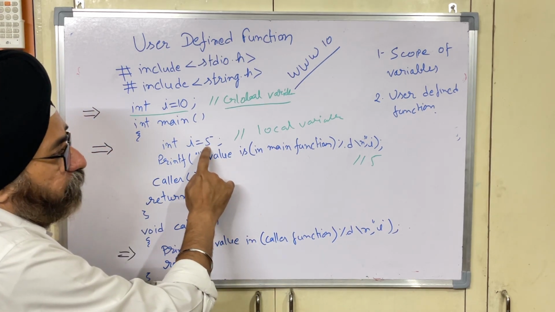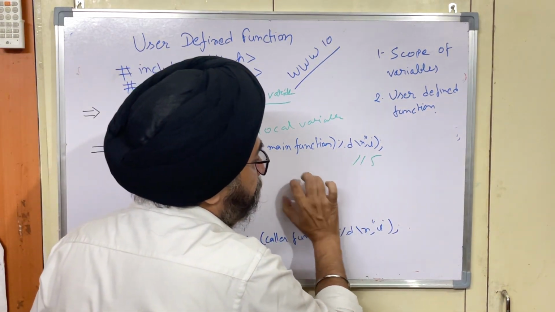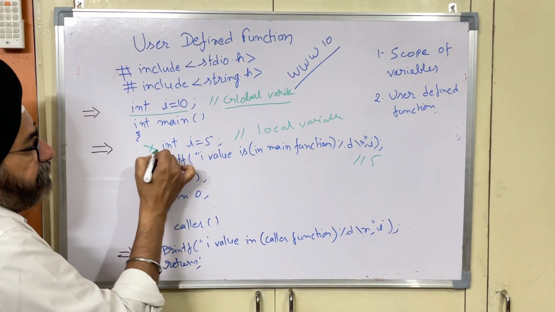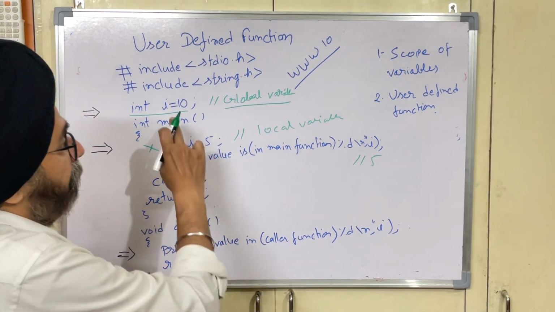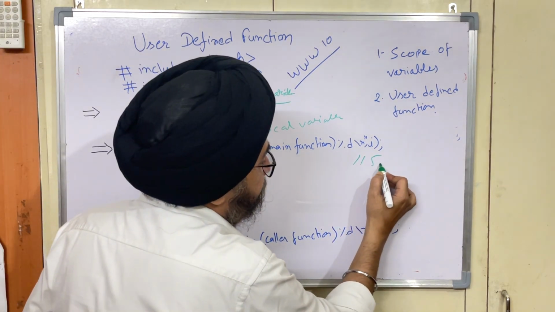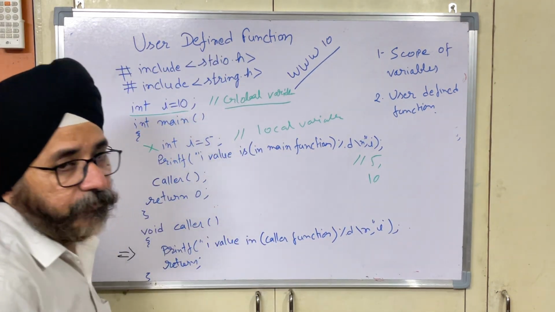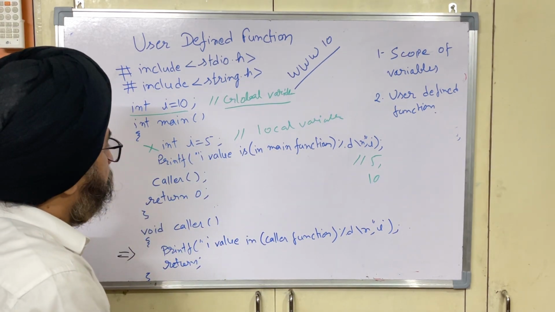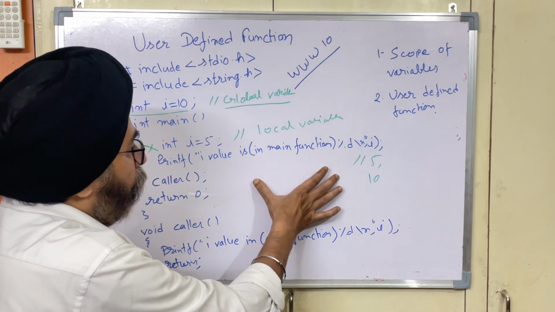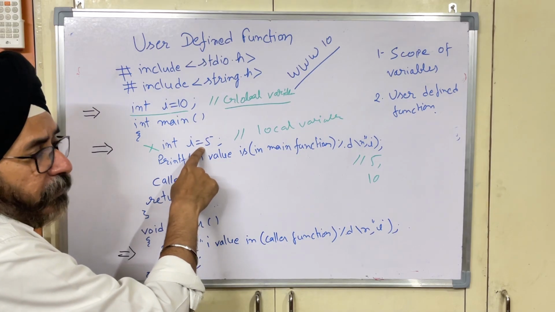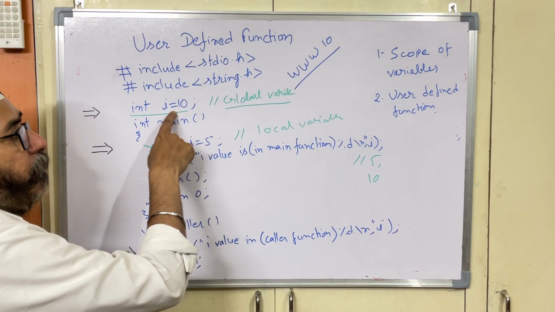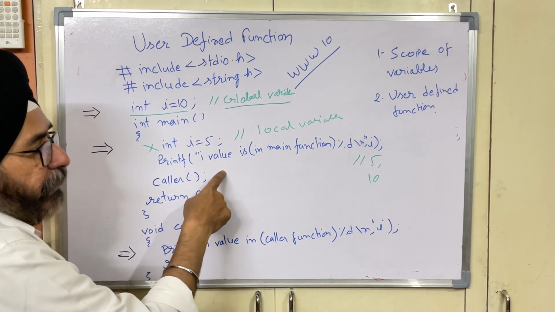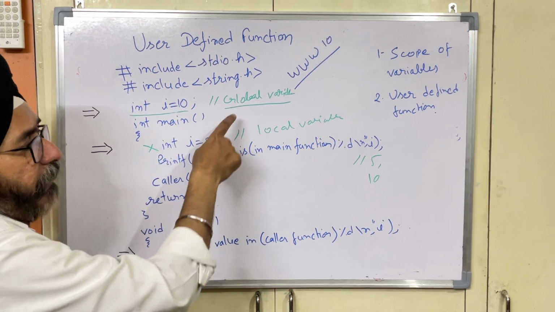It works to display the value 5. But if we are not using this statement, it will show you 10, not 5, because I'm not using the local i. So i = 5 is a local, and i = 10 outside the main is a global, and it also works inside the main. That is why we name it the global variable.